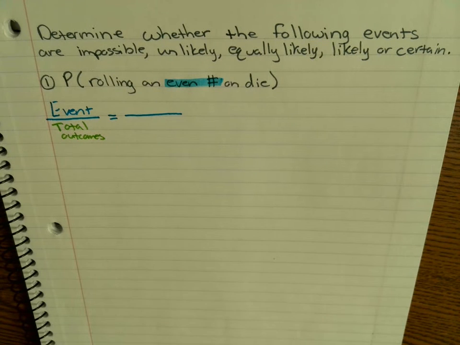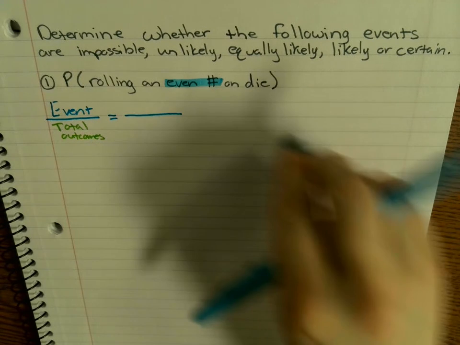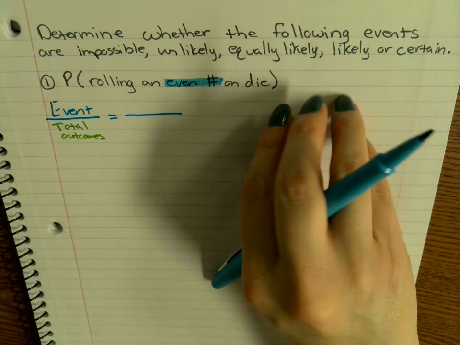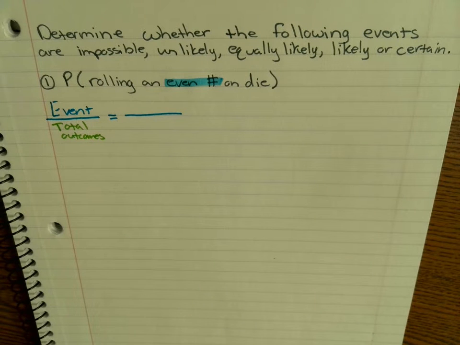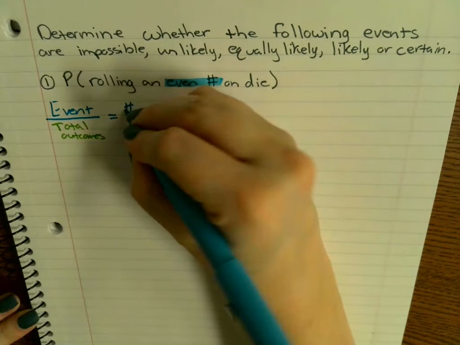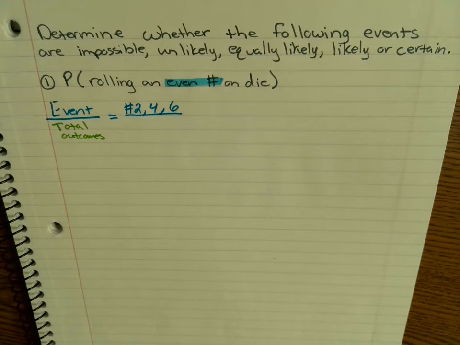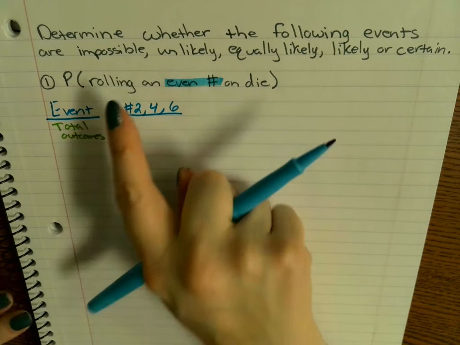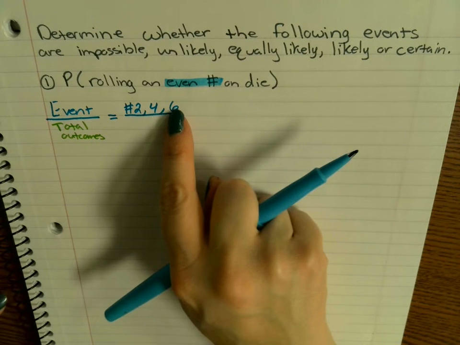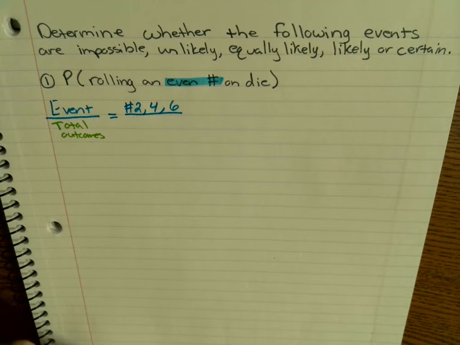What numbers on this die are even? 2, 4, and 6. These are the specific numbers I'm looking for out of the total outcomes.